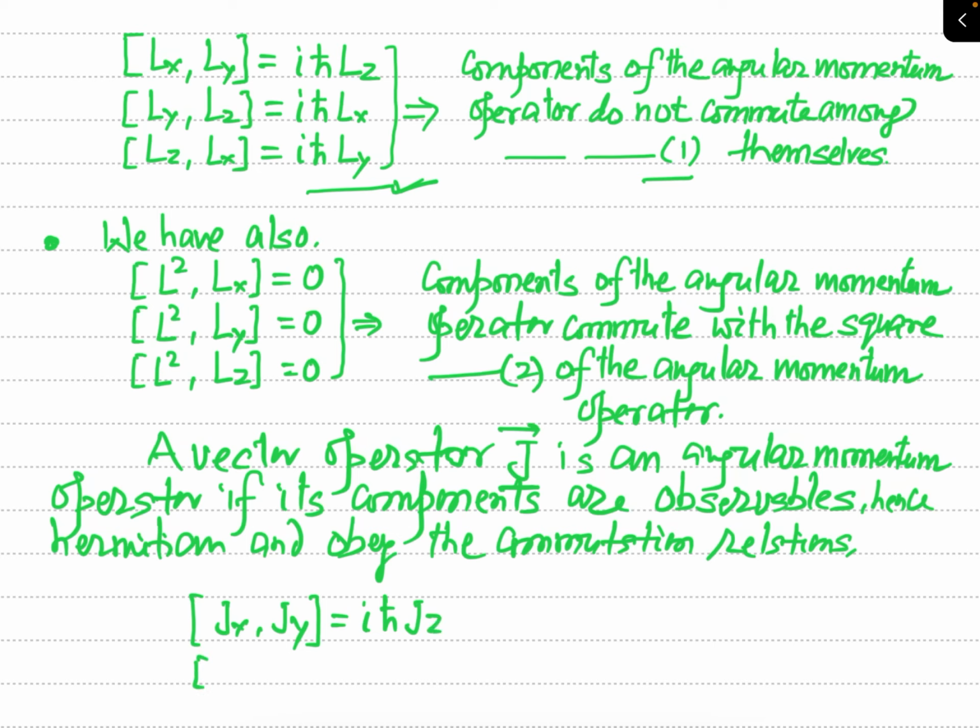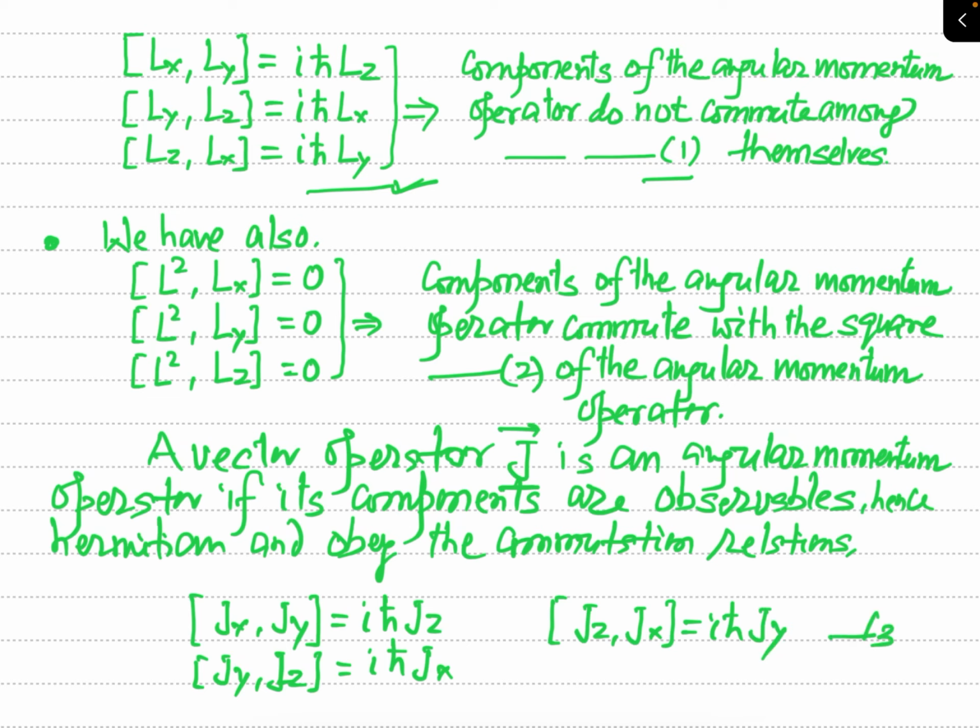Similarly, the commutator of Jy and Jz should be equal to iħ Jx, and the commutator of Jz and Jx must be equal to iħ Jy.